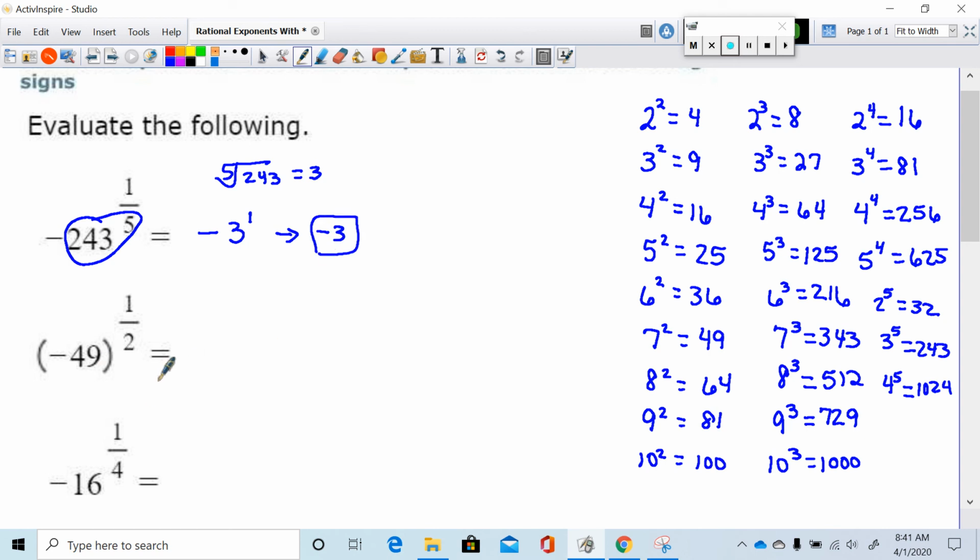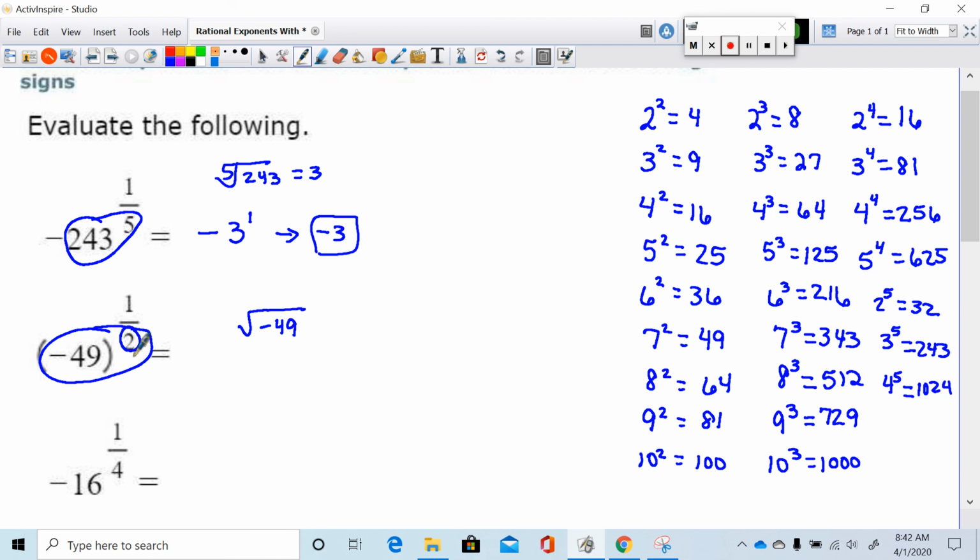So the final answer is negative 3. So for the next one, since you have a negative, you are going to find the square root. All of this is going to go together, the whole number with the negative included because it's in parentheses, and the denominator. So this one means the square root of negative 49. But here's the thing, you cannot have a negative and an even index.